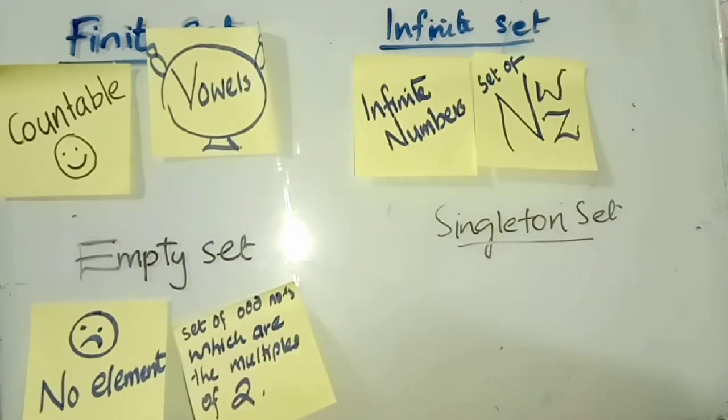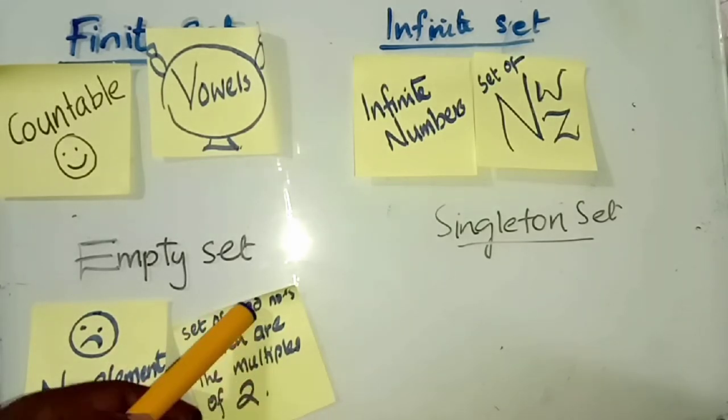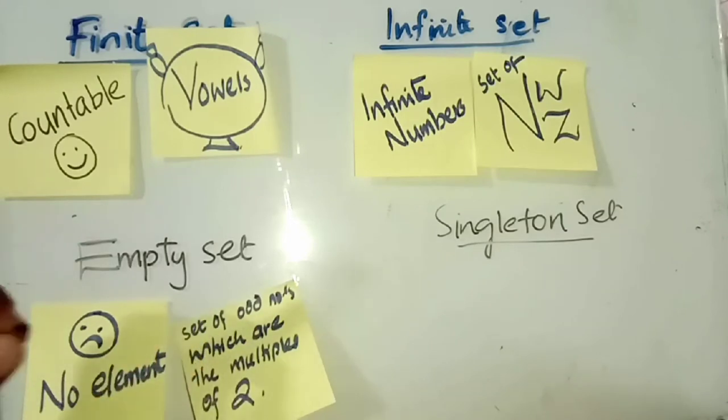Can you write the set of odd numbers which are the multiples of 2? Is there any odd number which is a multiple of 2? No. No odd number is a multiple of 2, isn't it? So if you make this set, it has no element in it. Such types of sets are known as empty sets.